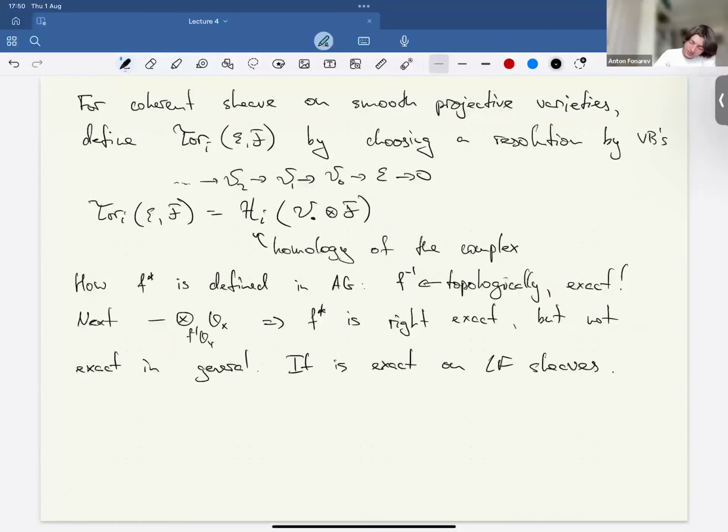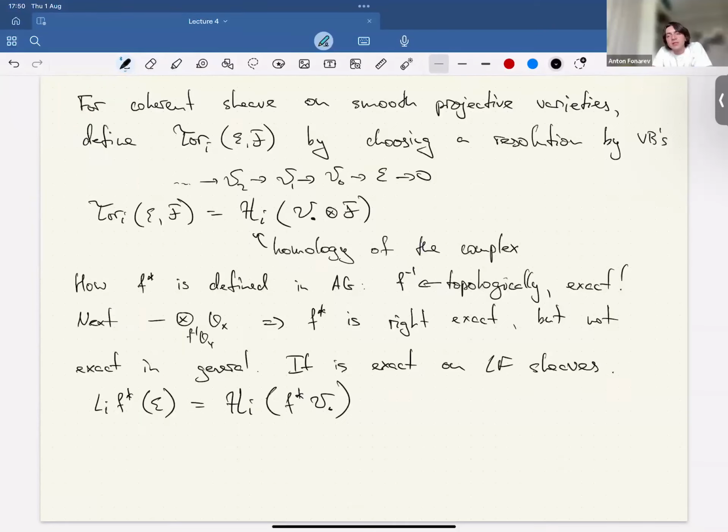And again, you can define the left derived functor L_i f upper star of E by again choosing a locally free resolution and specifically saying that it's H_i of f upper star applied to V.